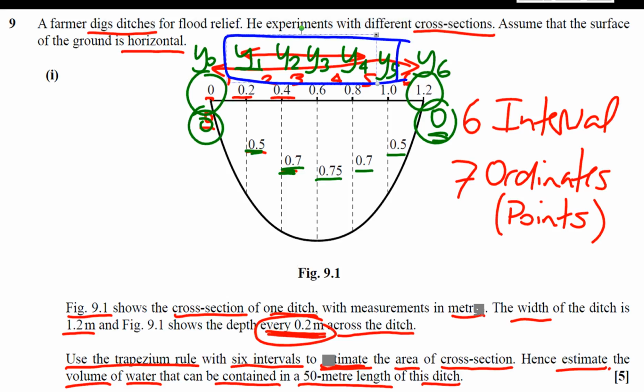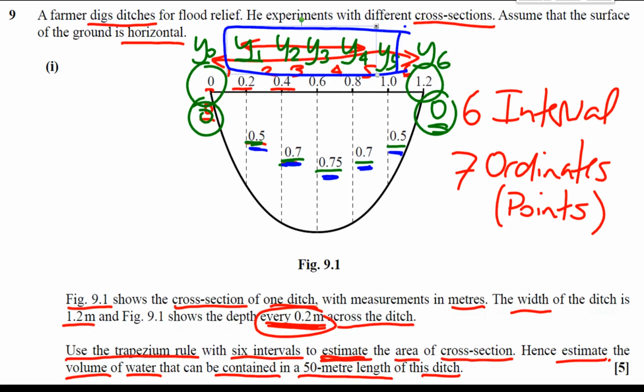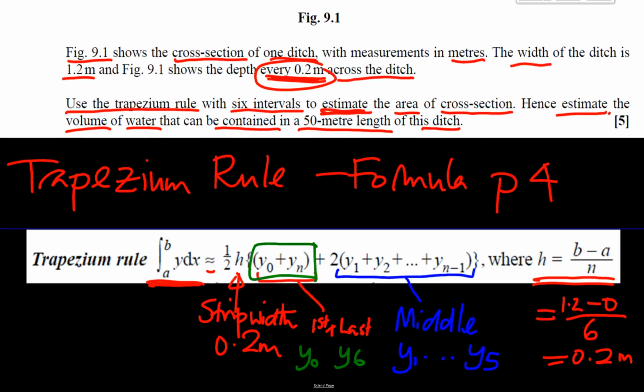And if we remember the way this is constructed, what we effectively got is a series of trapeziums. So we've got an end trapezium that's got a y0, then the next one will be y1. If we looked at these, and we know what our trapezium formula is, what's the area of a trapezium?